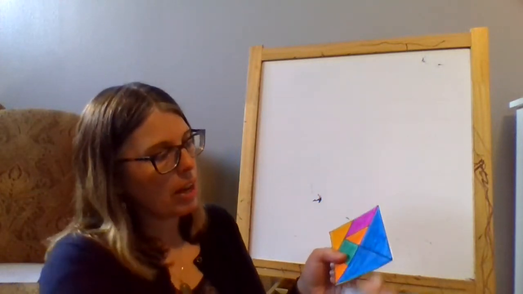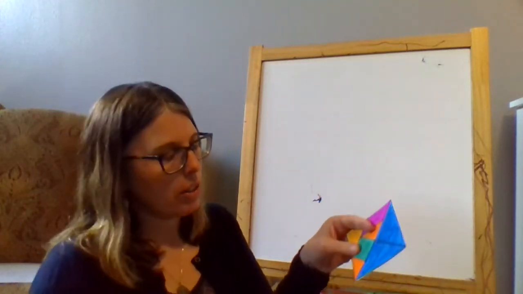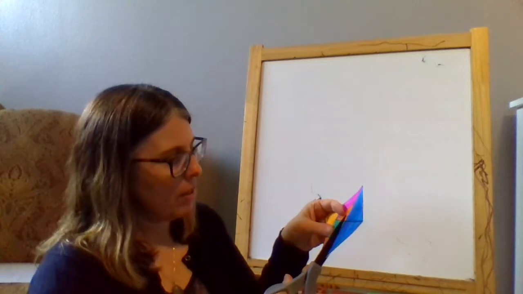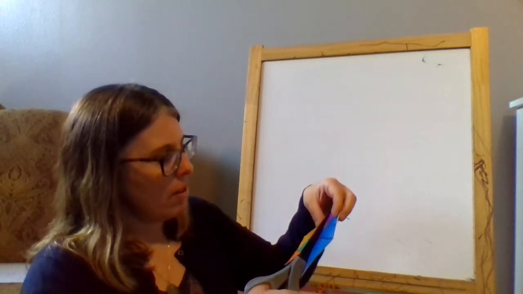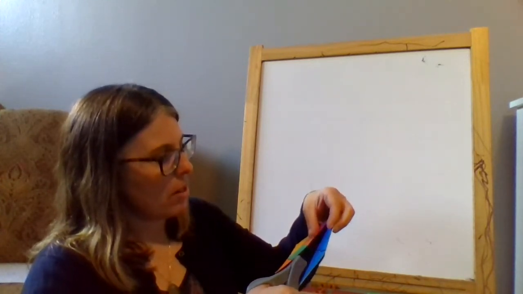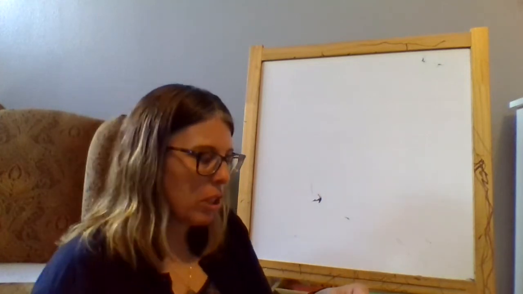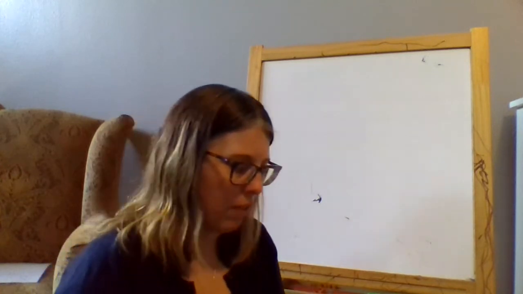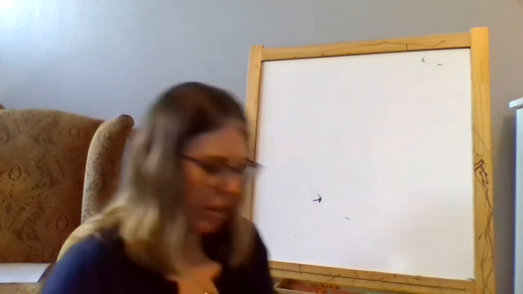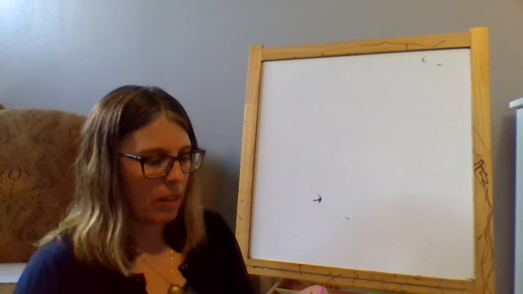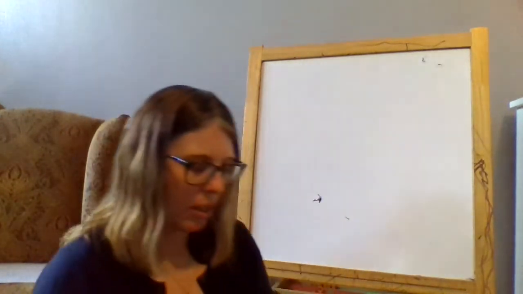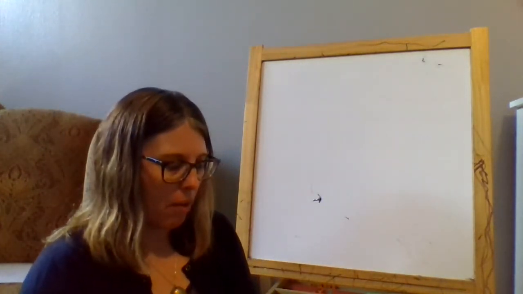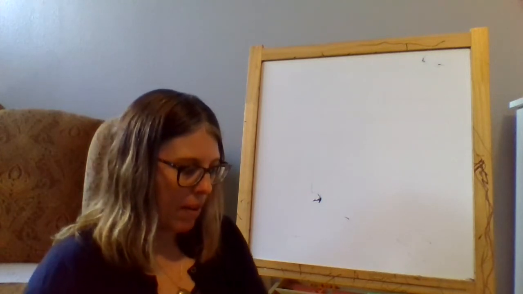And then after they're glued onto something stiffer, you're going to cut them out. So just cut along the dark lines there. And you're going to want to be a very, very careful cutter, so that when you go to use your shapes for doing math, they will fit back together into the puzzles, okay?